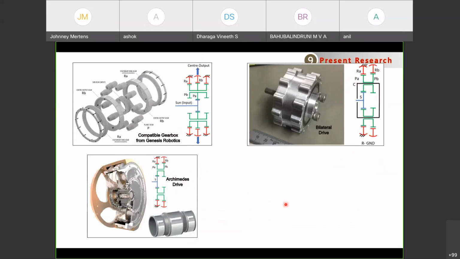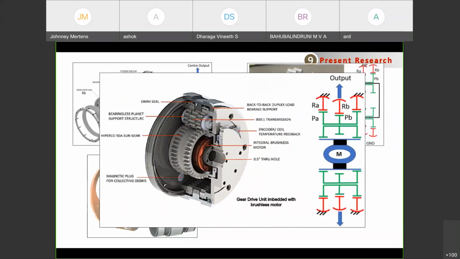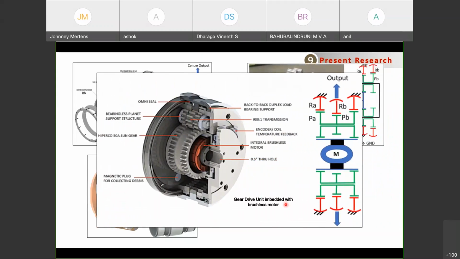Then finally, again there is a gear train system, a planetary gear train system. You can see this is a brushless motor, which is used at the center of the gearbox itself. As I told you previously, there is normally a servo motor connected to a gearbox.